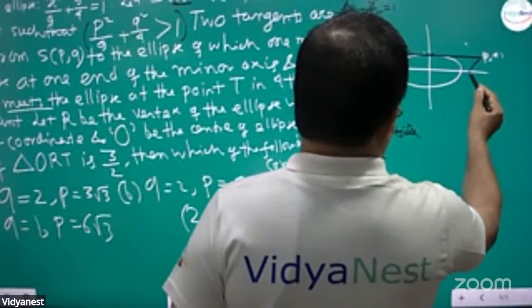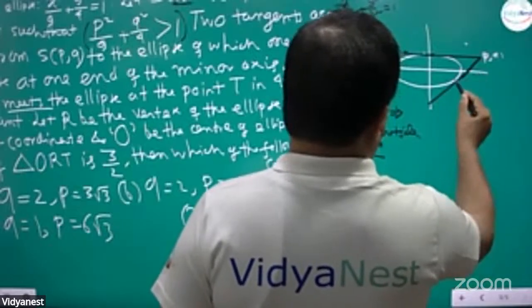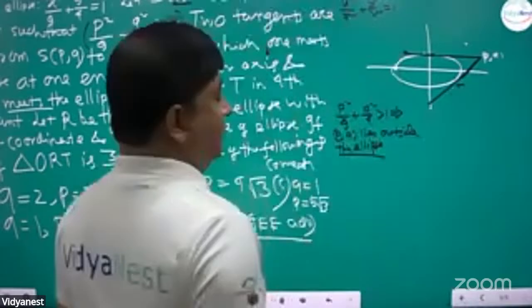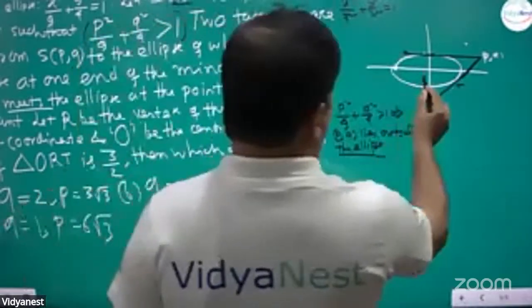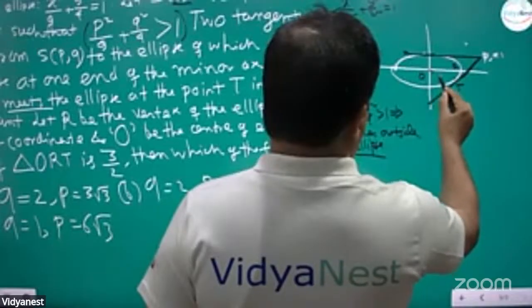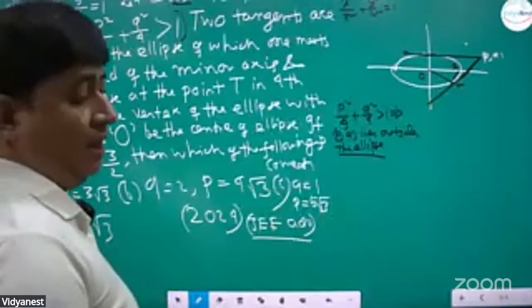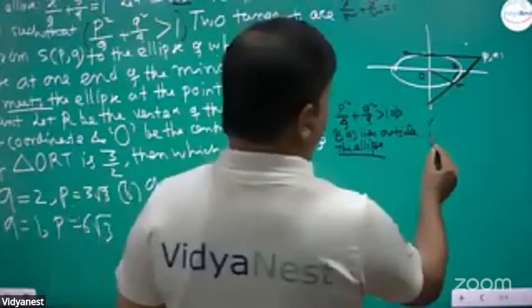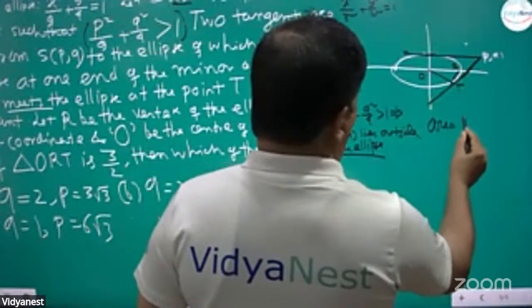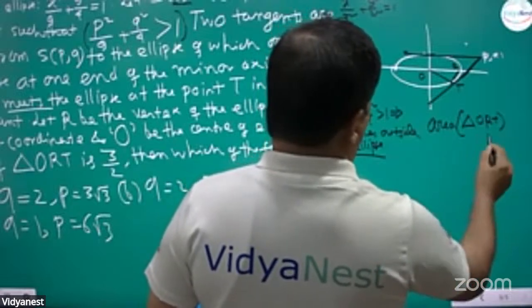One tangent will go like that. That is T in the fourth quadrant. Now, a little bit clearer figure we have got. This is R. This triangle, area of triangle ORT is 3 by 2.